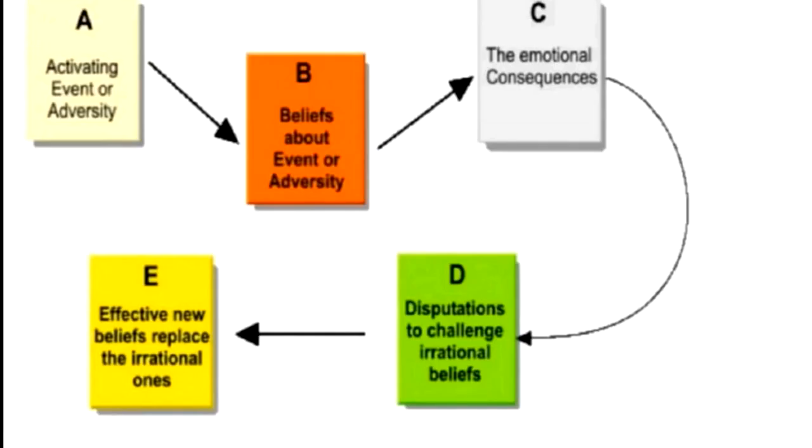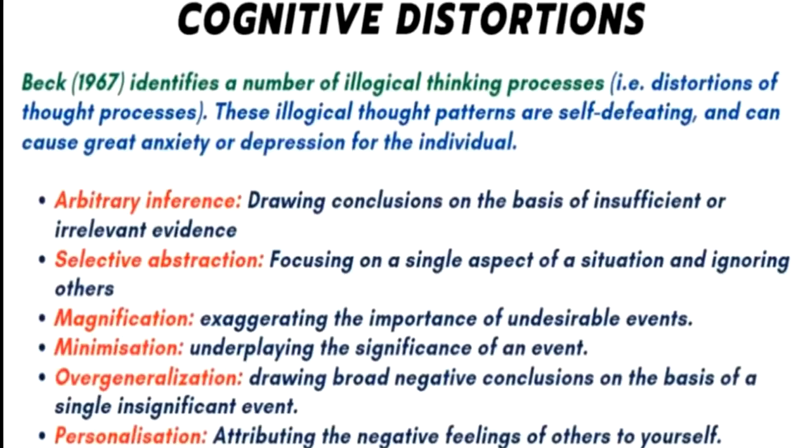E refers to the effective new beliefs that replace the irrational ones, and D to the disputations that challenge irrational beliefs. So this is how the ABCDE model works for REBT therapy.